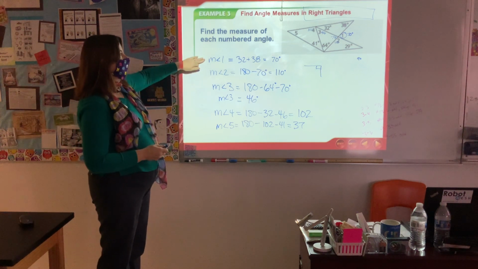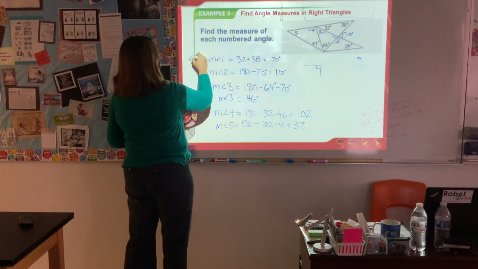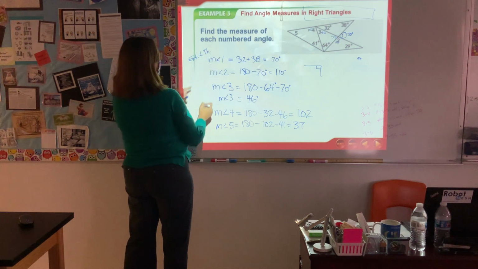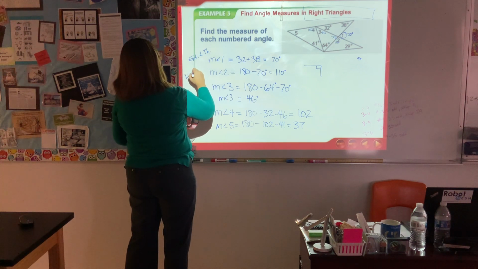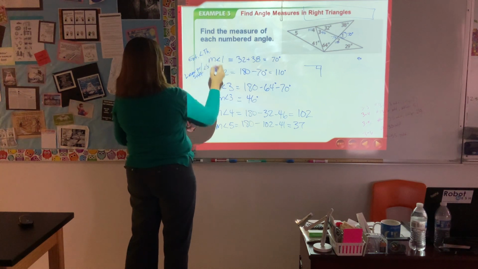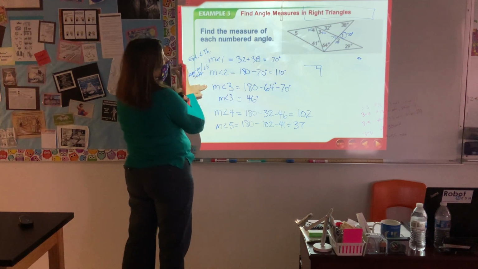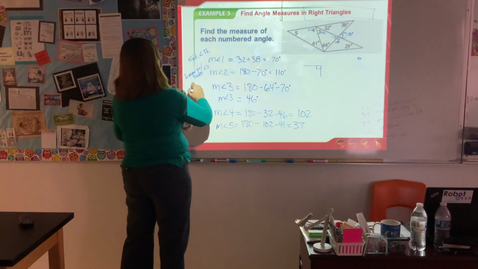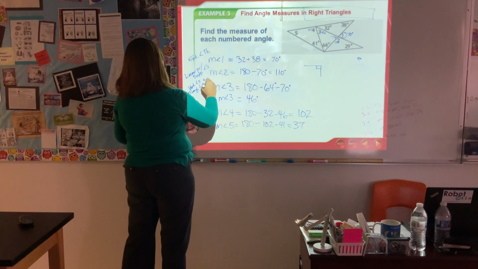So in this case, to get angle 1, we use the exterior angle theorem. To find angle 2, we use the linear pair and supplementary angles. To get angle 3, at that point we talked about vertical angles and our triangle angle sum theorem.